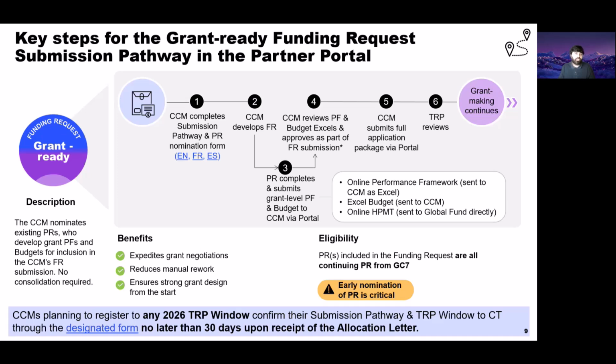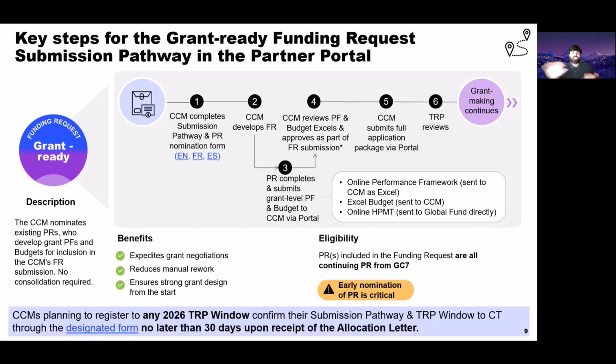You will, of course, however, be receiving the performance framework and budget from the principal recipient once the principal recipient has completed it, so that you can include both of these grant level documents as part of your overall funding request submission. And so we can see here in step 5 of the grant ready funding request, like the previous slide, the CCM will submit the full application package via the partner portal.